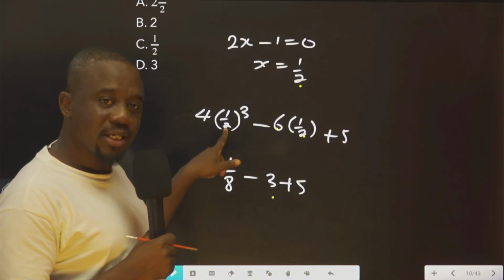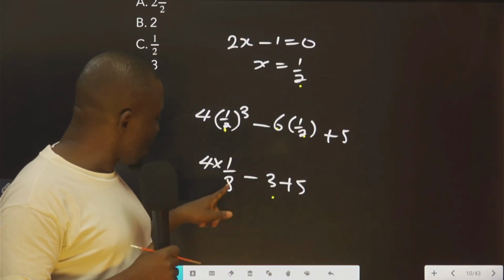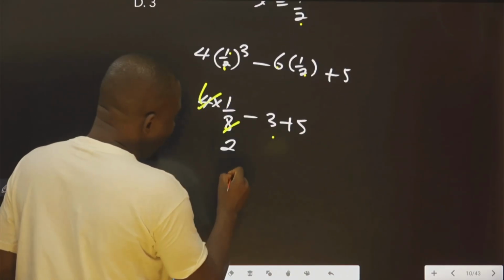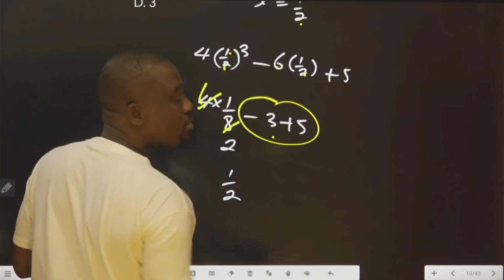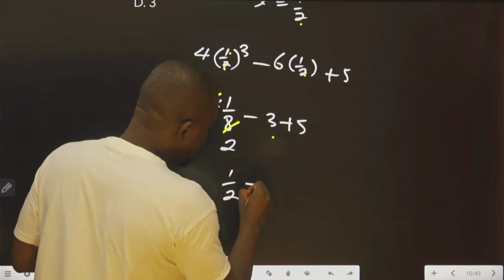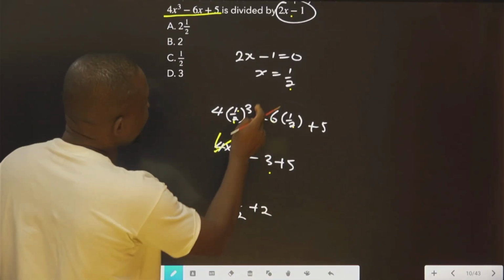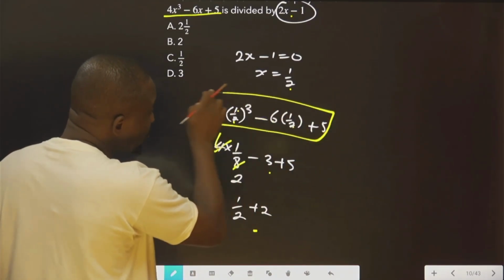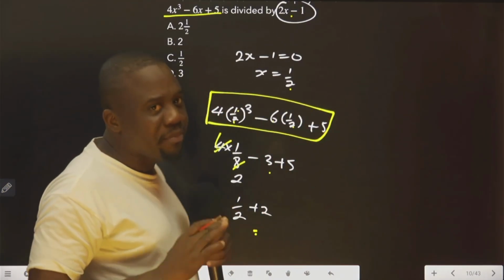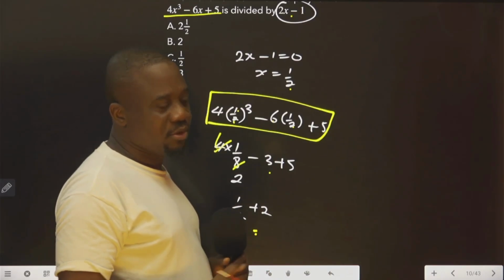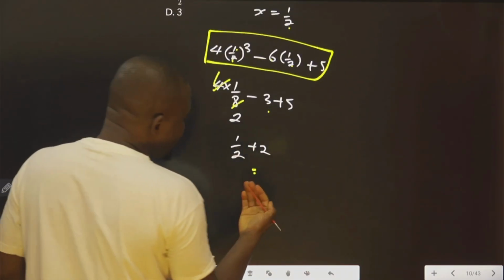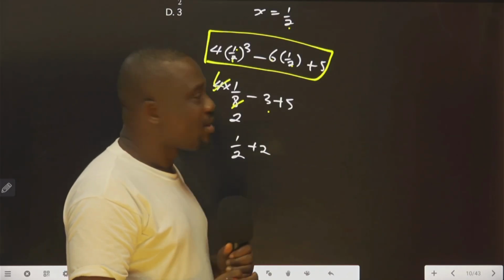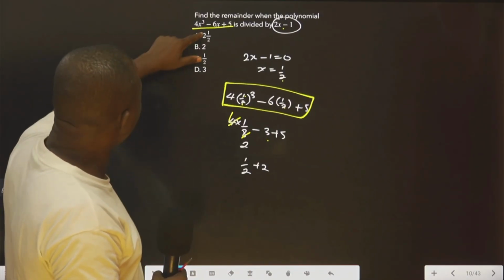This is 2 raised to power 3, which is 8. 1 raised to power 3 is 1. It means therefore we have here 1 over 2. This will produce what? Plus 2. So actually from here you can just jump here straight. In JAMB environment, because this is simple, you should jump from here to get your answer. 2 over 1 over 2.